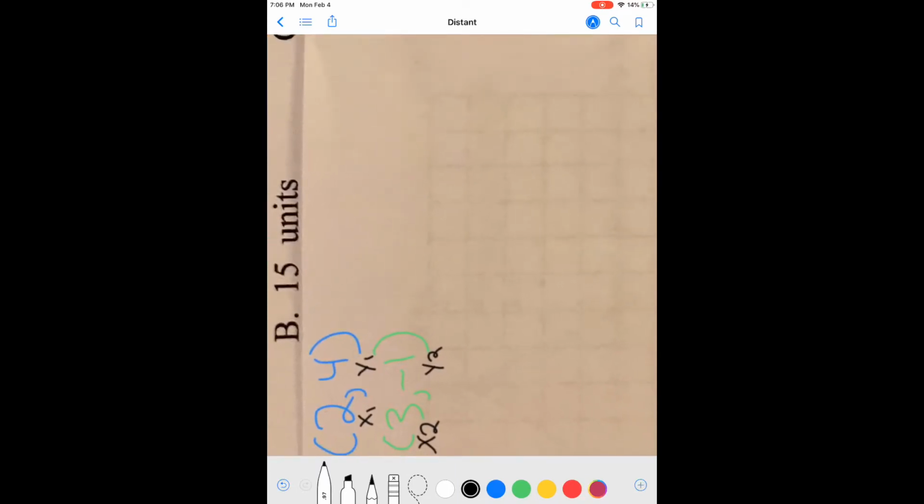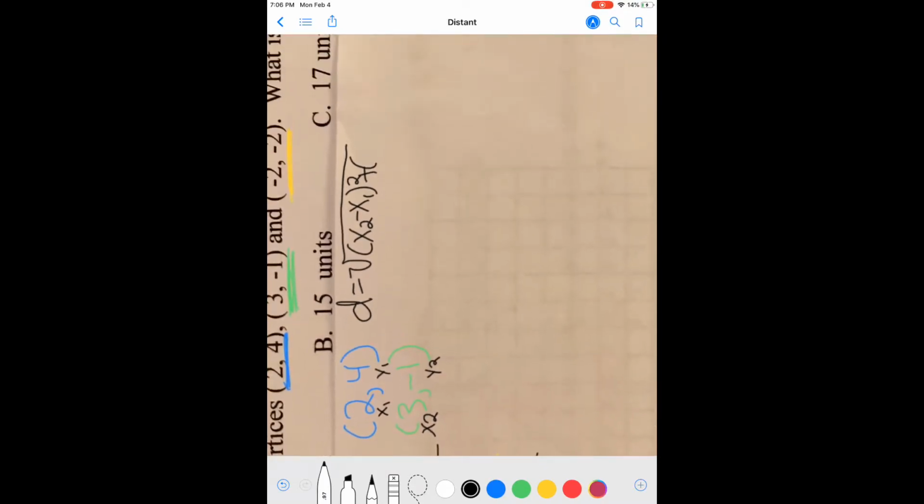We're going to have our distance formula. So d equals the square root of x2 minus x1 squared plus y2 minus y1 squared.